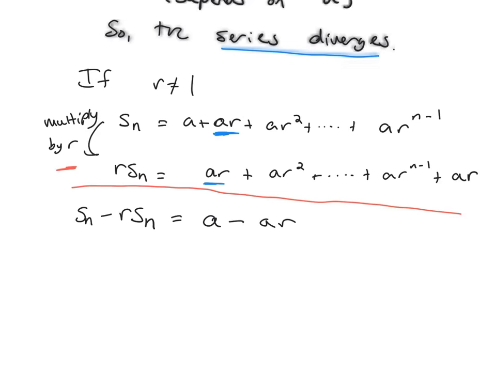If you were solving an equation like x minus 2x equals 4, what would you do if you were solving for x? You would combine these, right? Or another way to explain that is you would factor out an x on the left-hand side. So over here, let's factor out S sub n, 1 minus r.